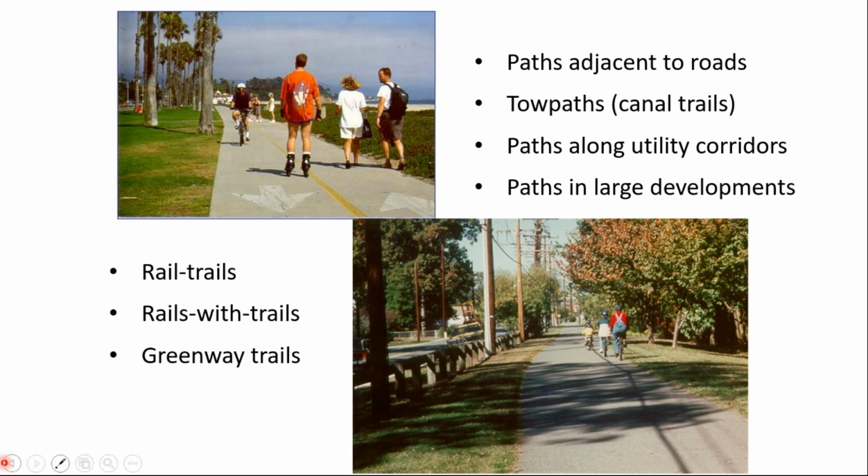The rail trails are typically trails that occupy the same space that in the past were active rail lines, but those lines were closed and abandoned, and now they're trails. Could be greenway trails, trails in utility corridors, paths in large residential or commercial developments, canal trails. I mentioned side paths, paths adjacent to roadways.